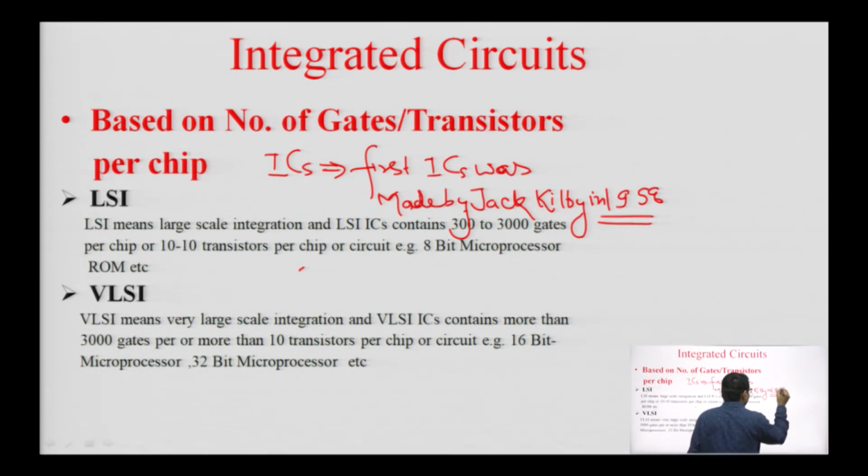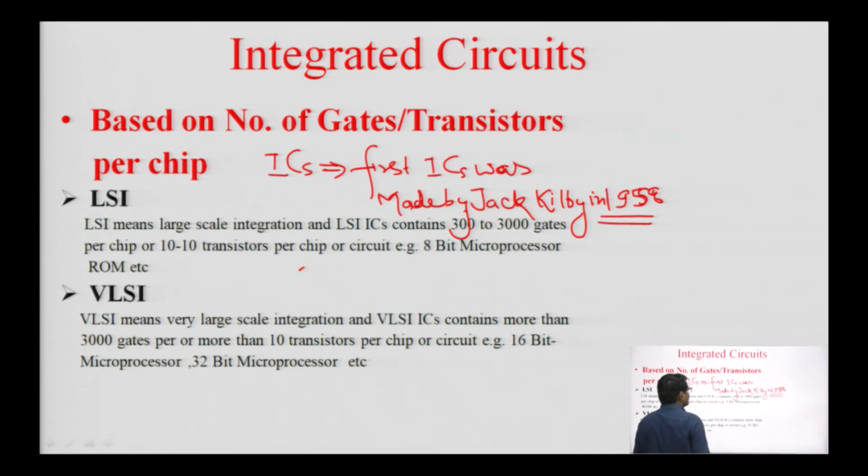In 1958, the first IC was made by Jack Kilby, which was based on germanium material.